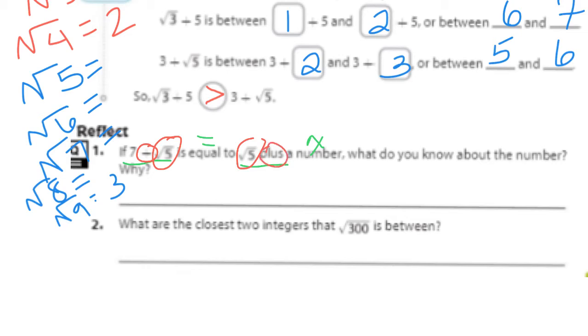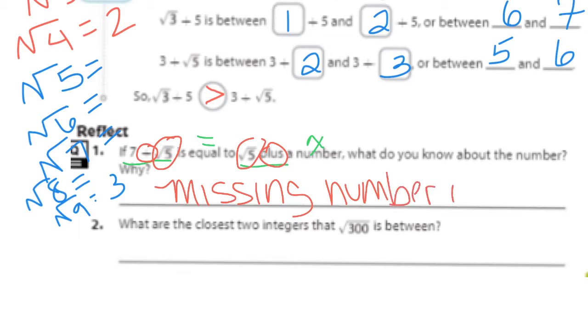They're adding, so that keeps both sides equal. So the missing number has to be a 7, because both sides have to be 7 plus the square root of 5, so we're missing a 7 on the right.